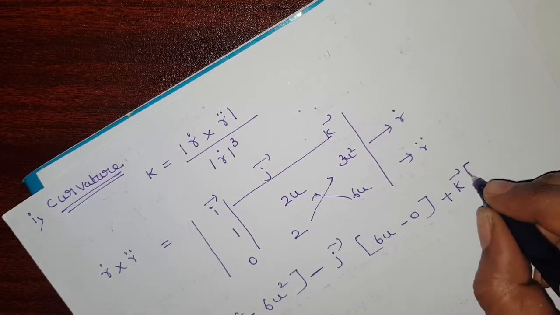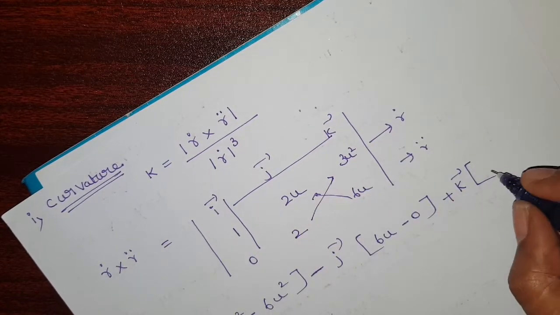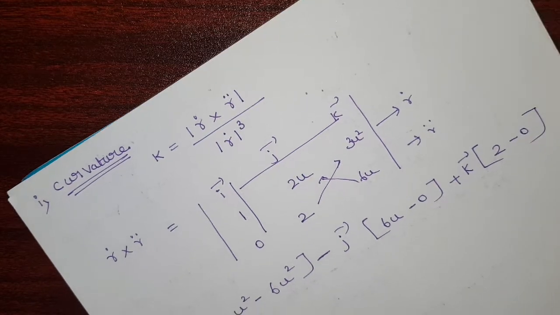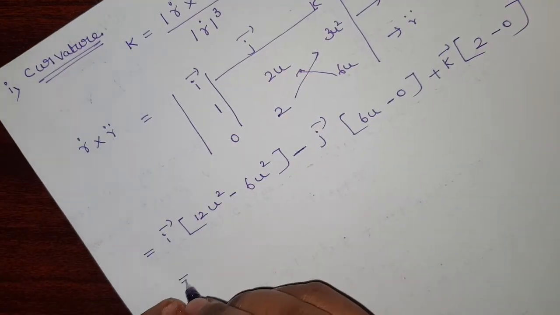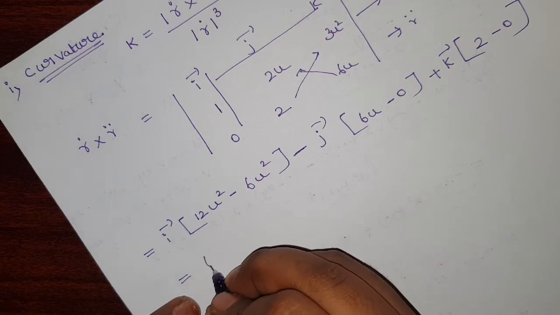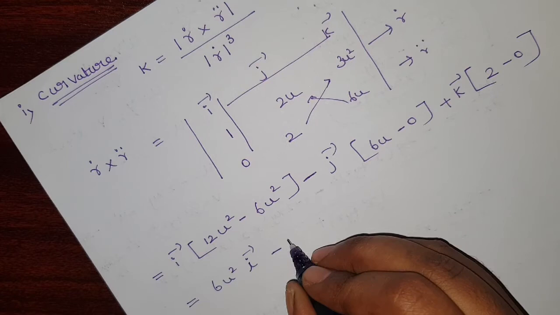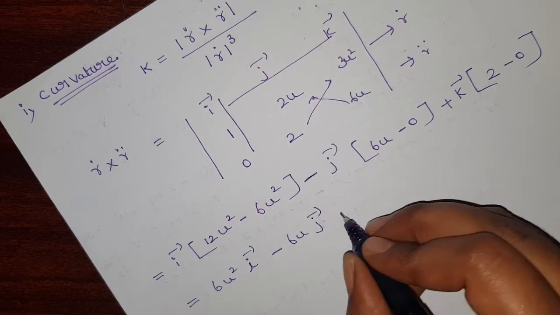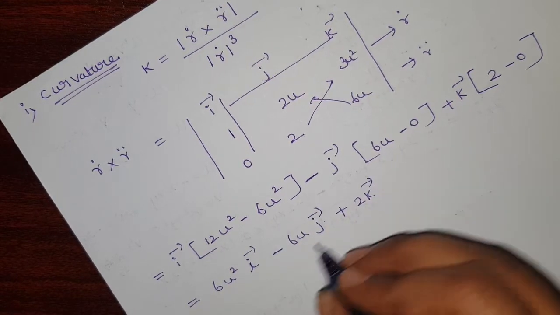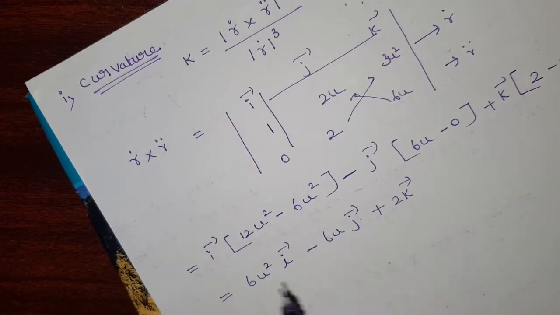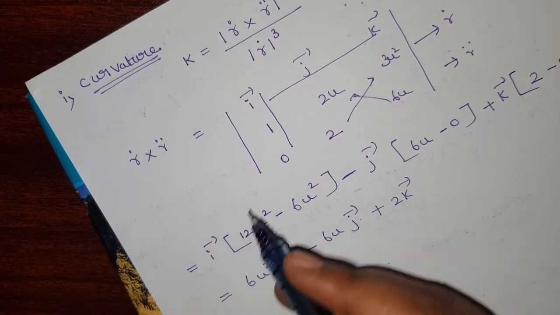Plus k vector into 1 twos are 2 minus 0. It becomes 6u square i vector minus 6u j vector plus 2 k vector. This is the value of r dot cross r double dot.